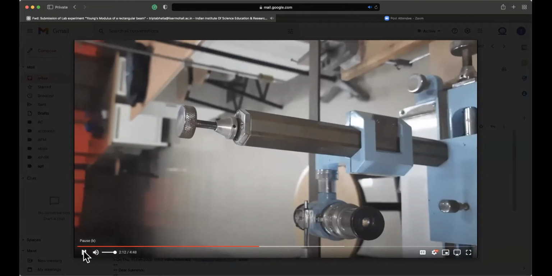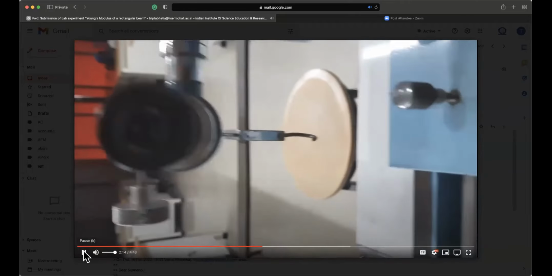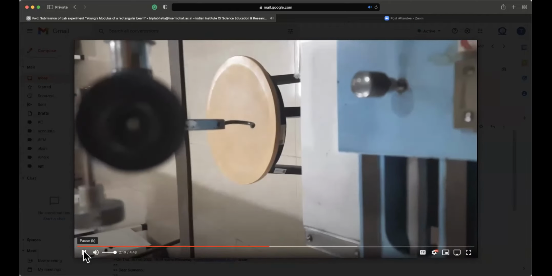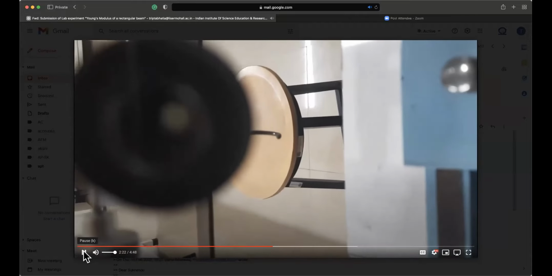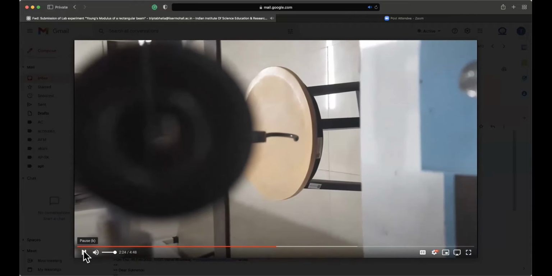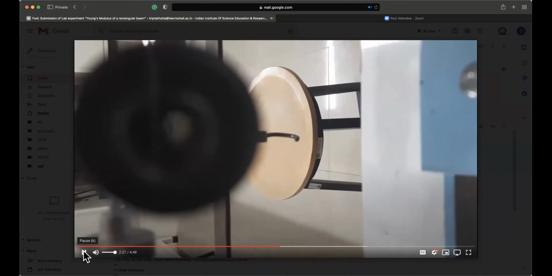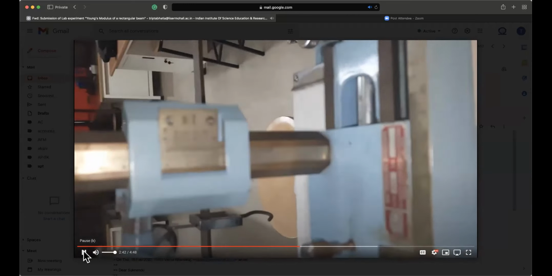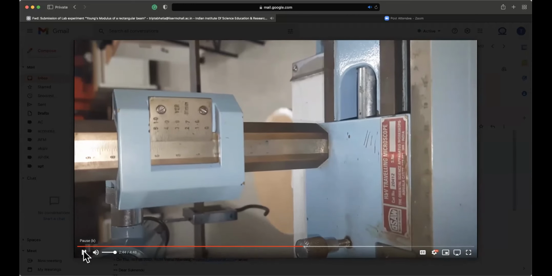So now we have adjusted the microscope. Inside the microscope, there is a cross wire, and this wire we have adjusted just at the bottom of the tip. So this particular arrangement has a particular position on the vertical scale, and we will note this vertical position here.